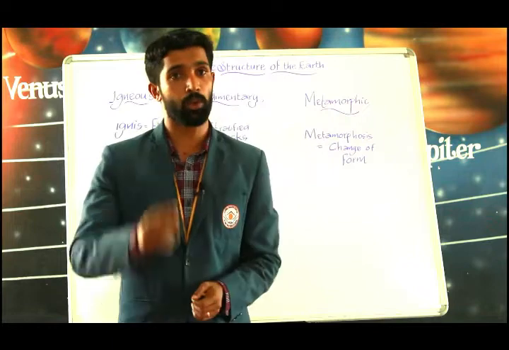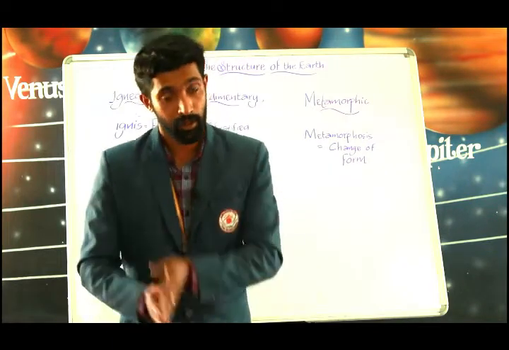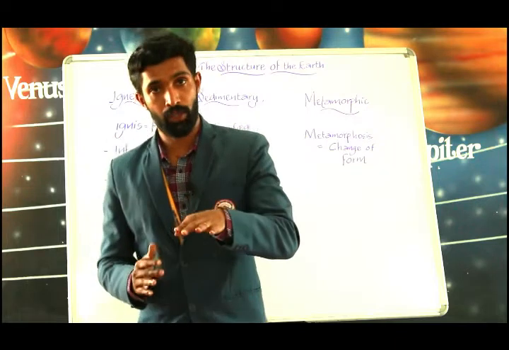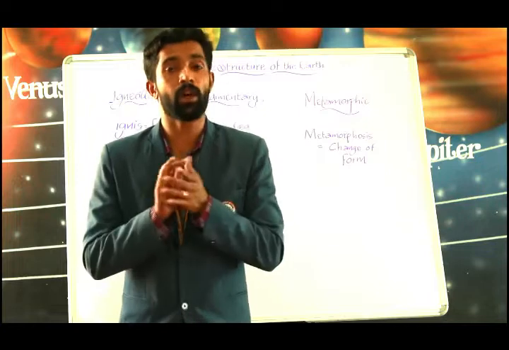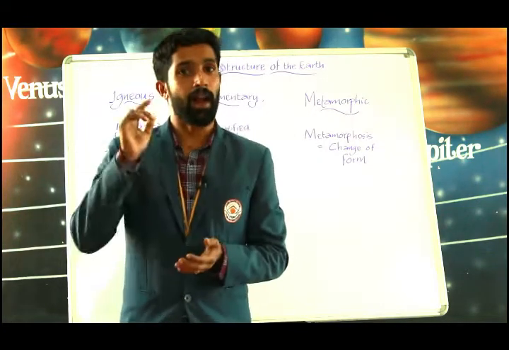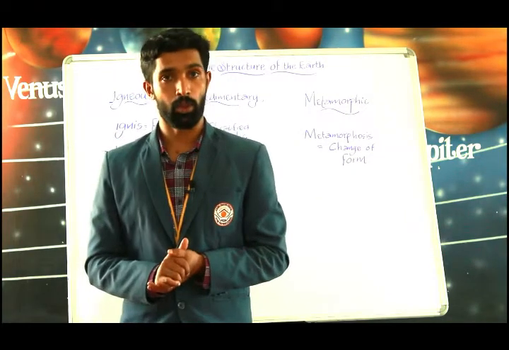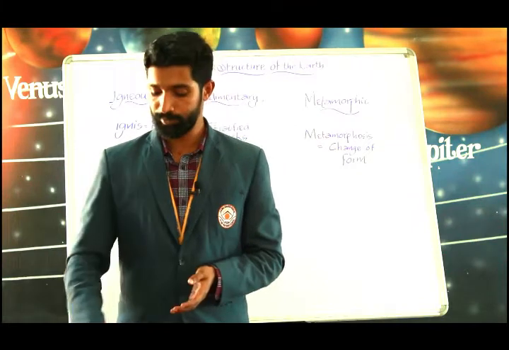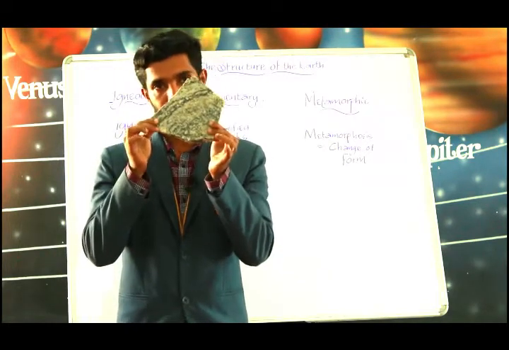Very important. What do you mean by intrusive or plutonic rocks? Magma below the surface of the earth cools down slowly, so it's inside the earth itself. For example, granite. You know what is granite? So this is granite.